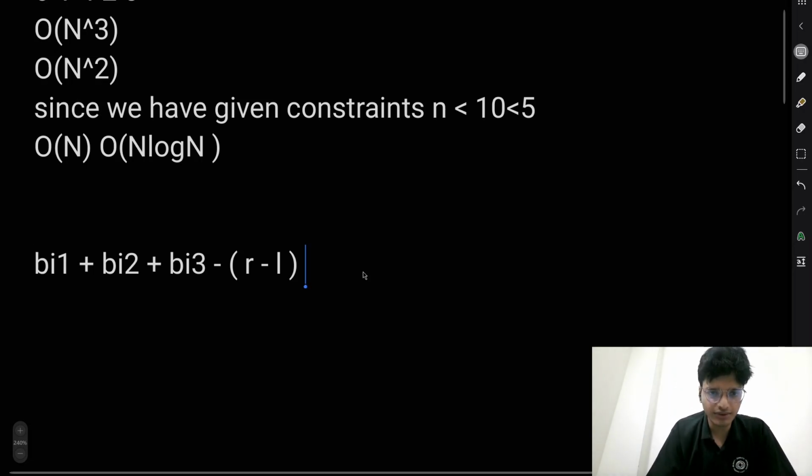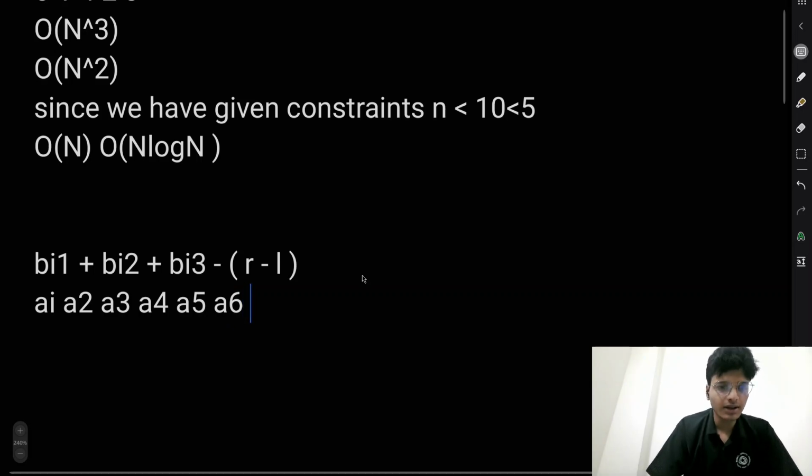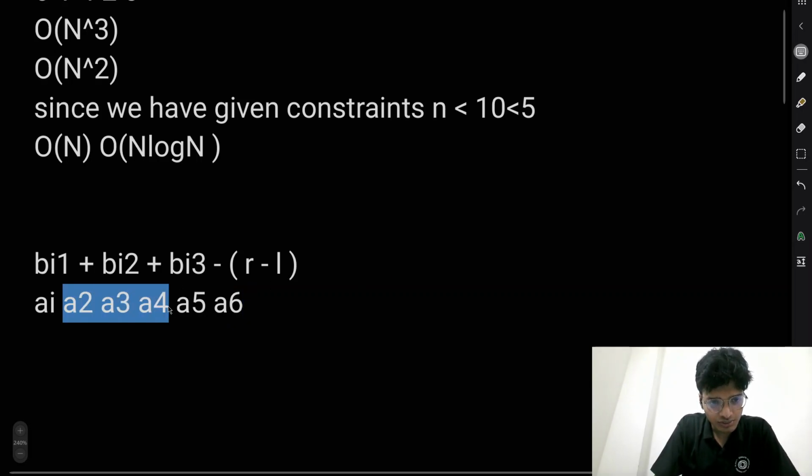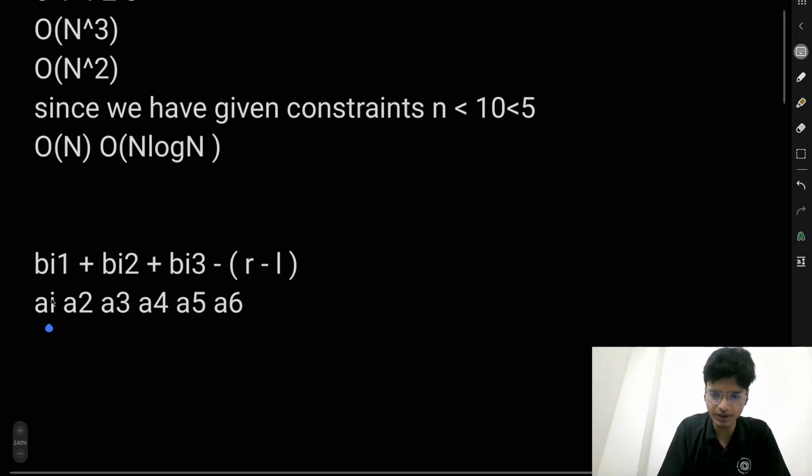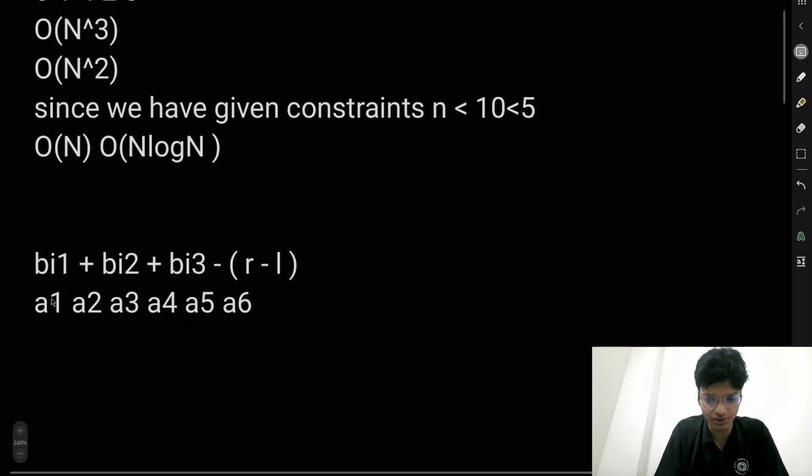First of all, if we have A1, A2, A3, A4, A5, and then A6, and we have to choose A2 to A5, then what do we choose to get the maximum beauty?